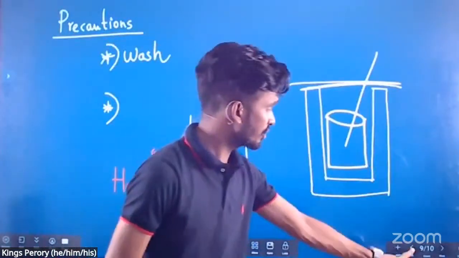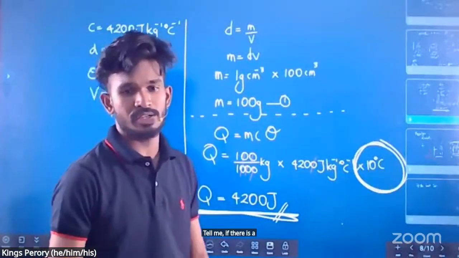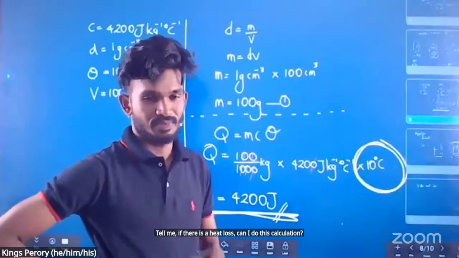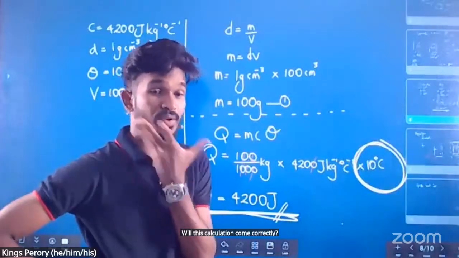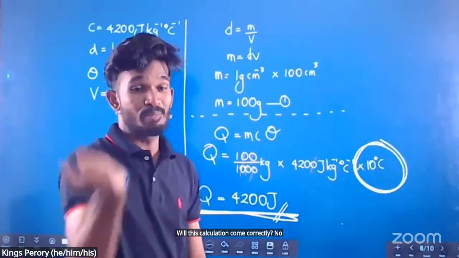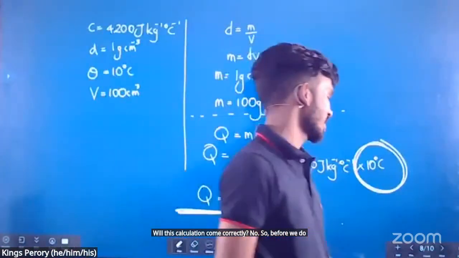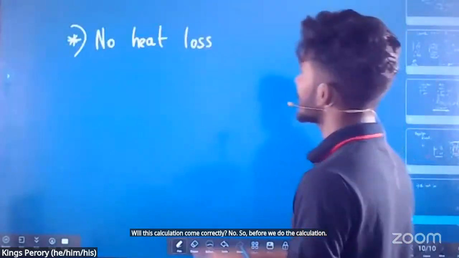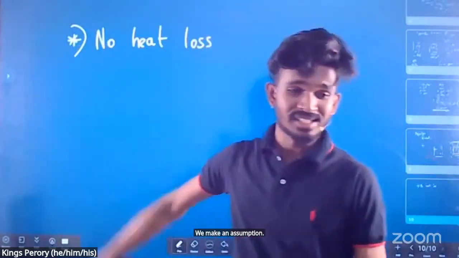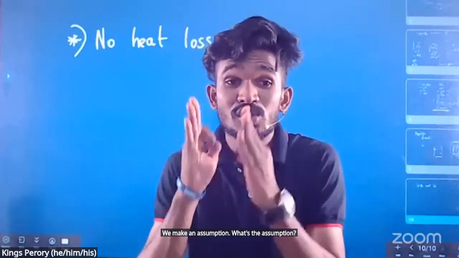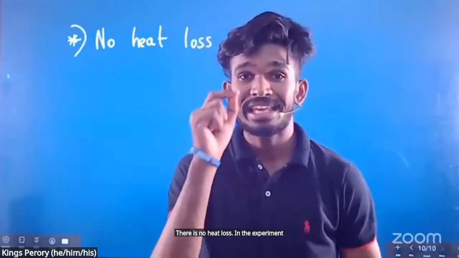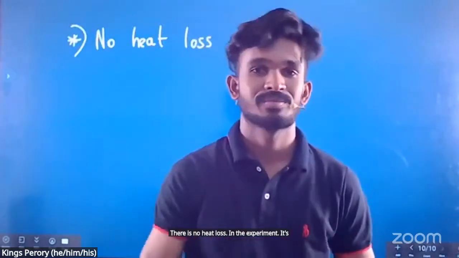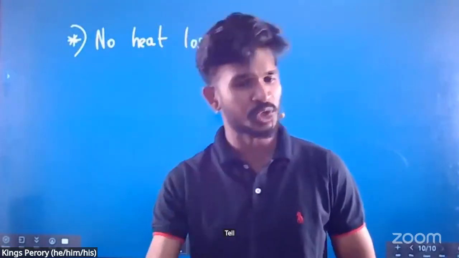Tell me, if there is a heat loss, will this calculation come out correctly? No. So before we do the calculation, we make an assumption. What's the assumption? There is no heat loss in the experiment. It's an assumption. Tell me, is it 100% true?